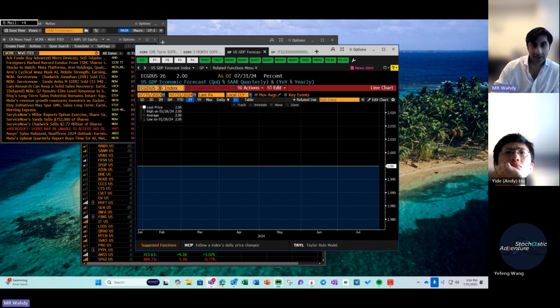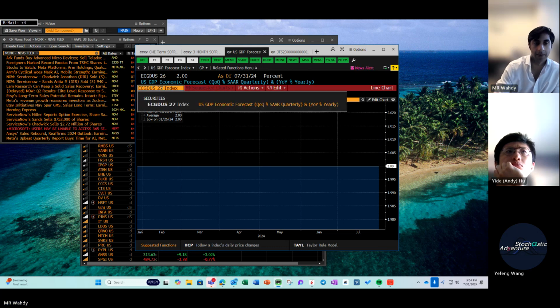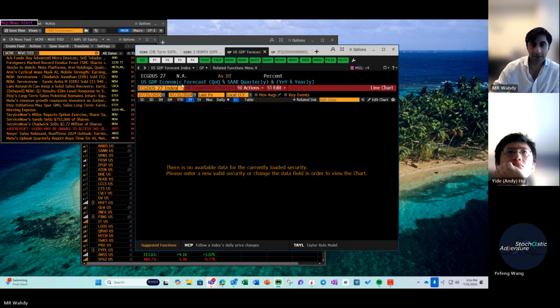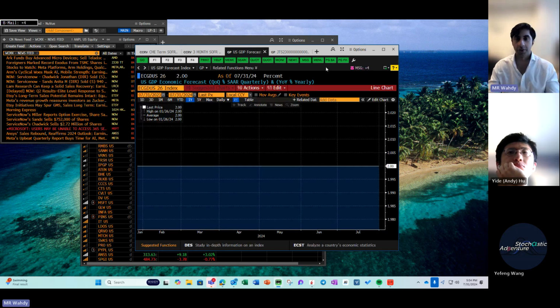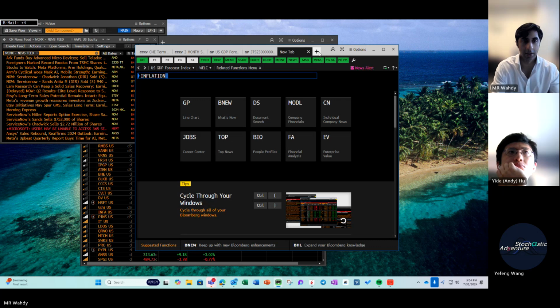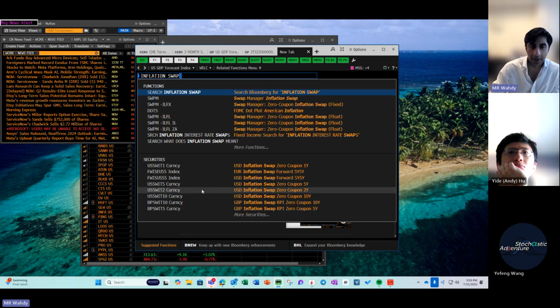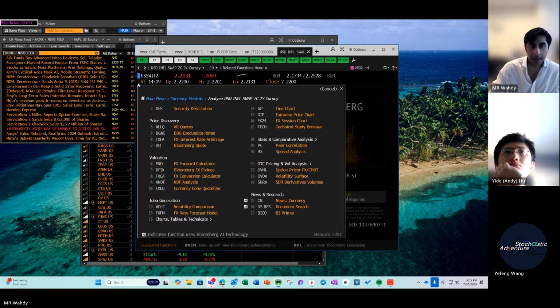For 2027, it's nothing yet. So at 2026, we have 2%. And if we know where inflation swaps are, I'll just look at the 2-year. That's at 2.2. Okay, so 2.21.